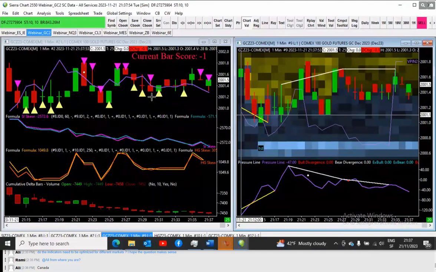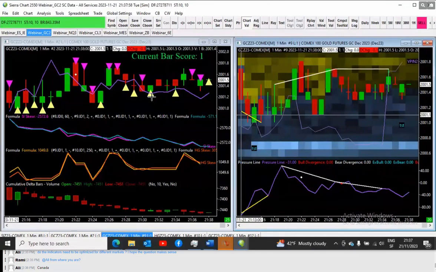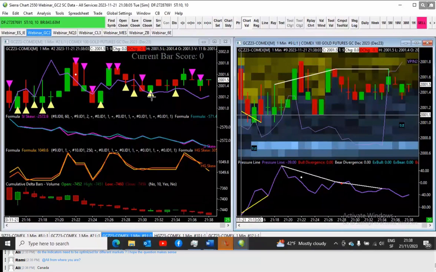You see again, it's coming up with signals in real time, and they will change in real time, just based on what's happening on the bar. So you see that if it has a -1 or a +1, it can very easily change to the opposite direction quite quickly. So you need to wait for a very clear indication that it has a decent score and therefore some momentum behind it.